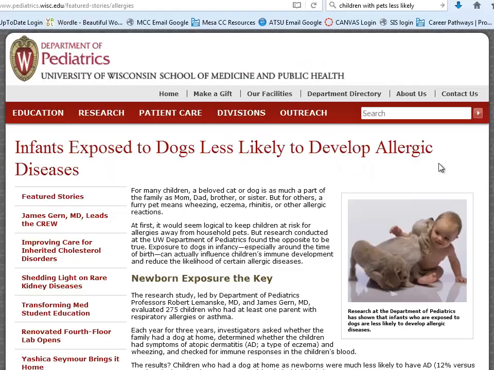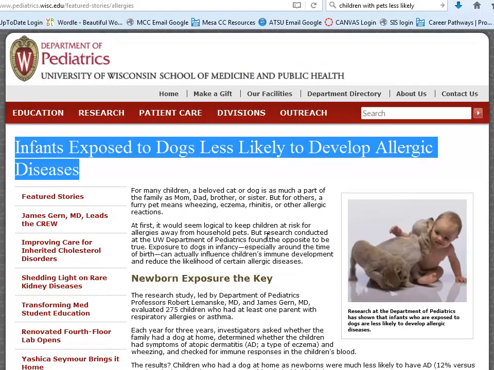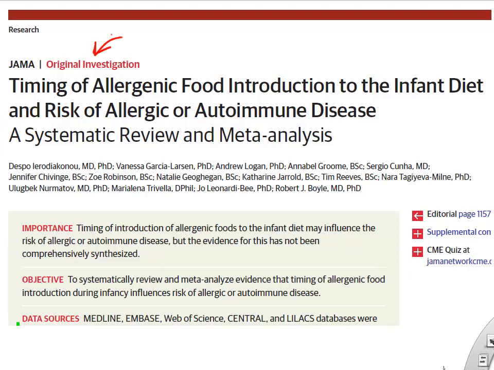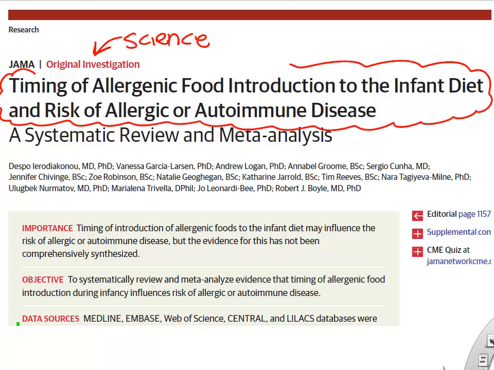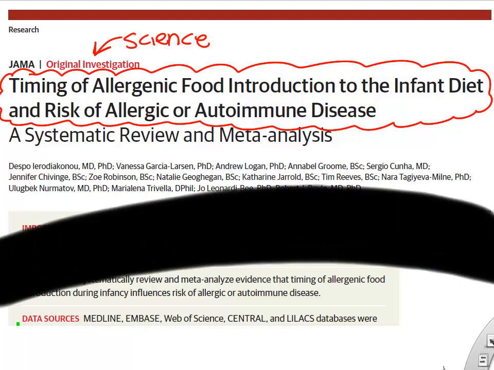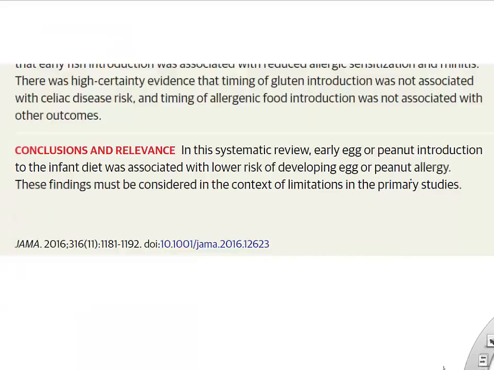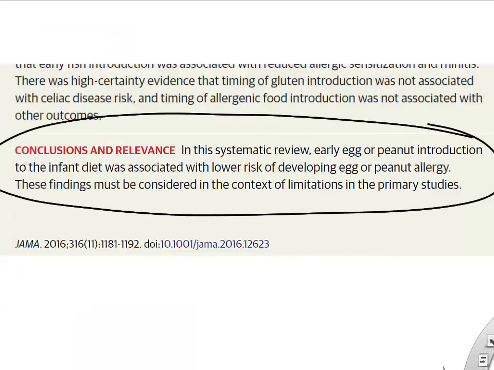And there's some evidence that infants that grow up around a pet, like a dog, have fewer allergies. And also, a review of all the data on infant diets showed that the earlier infants got exposed to things like peanuts and milk and egg products, the less likely they were to develop a food allergy.